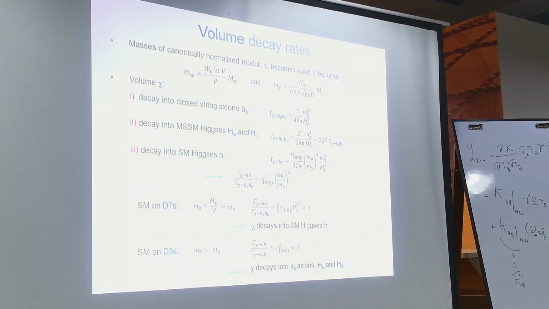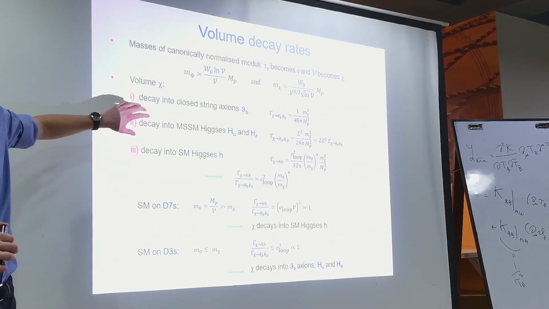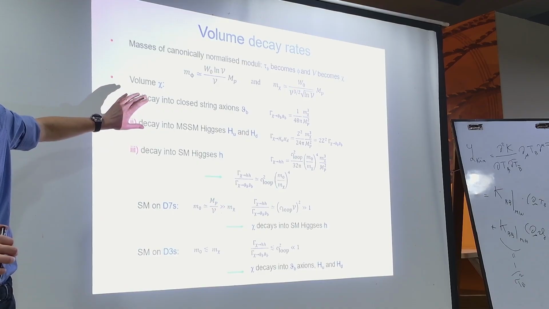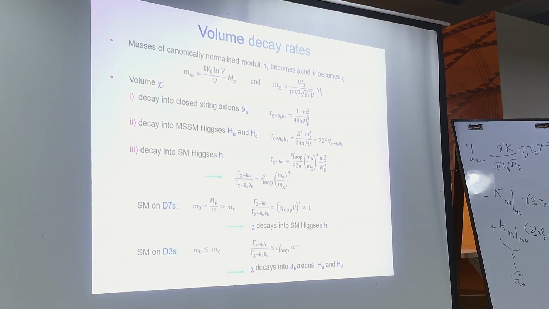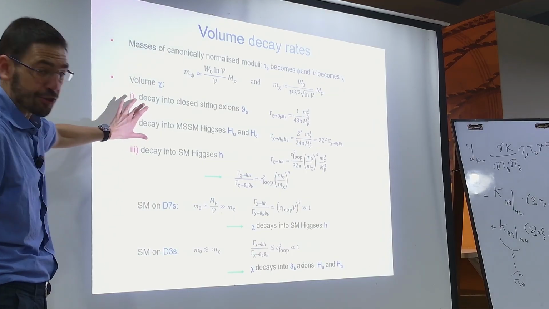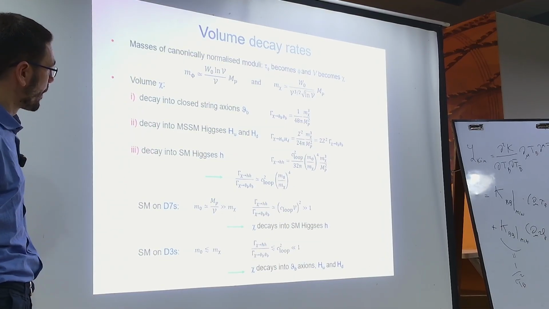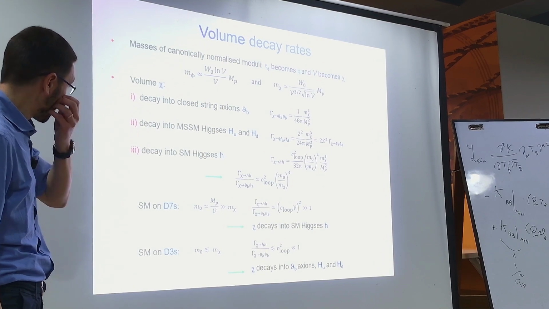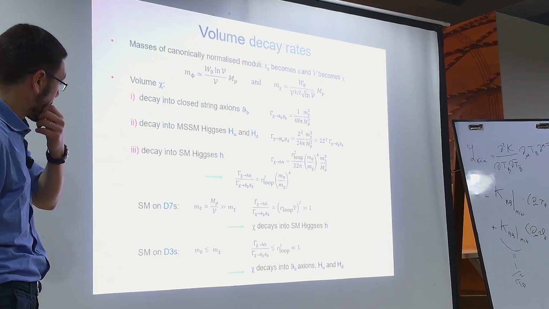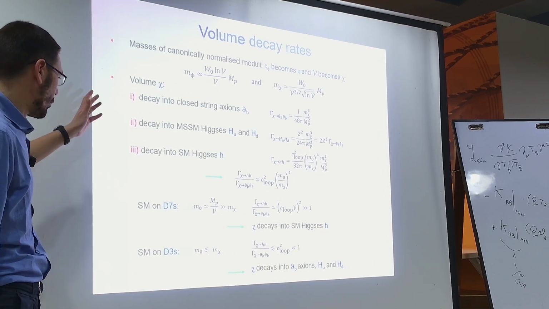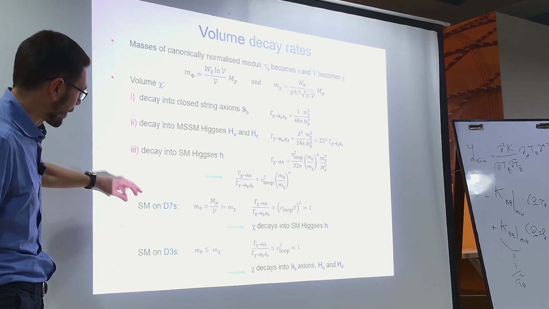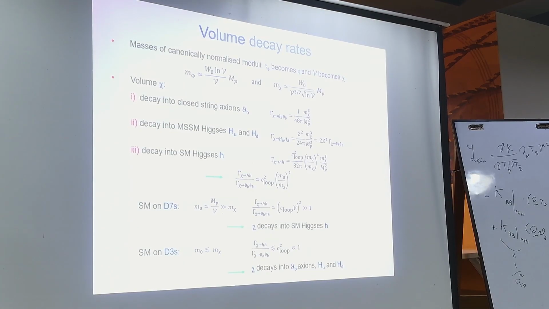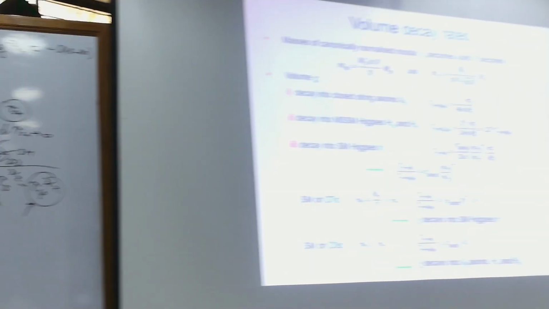Other possibilities are, is there a question, guys? Thank you. So the other possibility is that there is a decay into Higgs fields. Now, one can compute it. Basically, this depends on whether the standard model is on D7 branes or on D3 branes. So these two options.